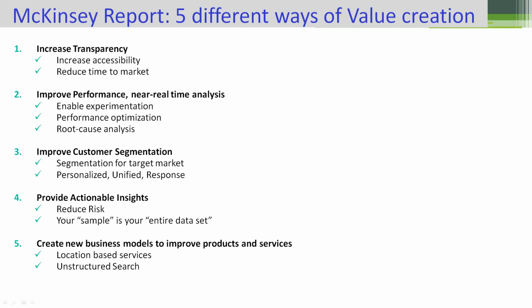Third point, improve customer segmentation. We spoke about that. How do I actually do target marketing? How is my target space looking? For example, in the manufacturing and retail industry, who can I actually target? Who are the target audience? Let's say even a pizza shop or any of the retail outlets, they want to see who their target market is.